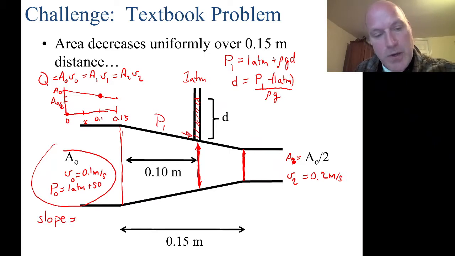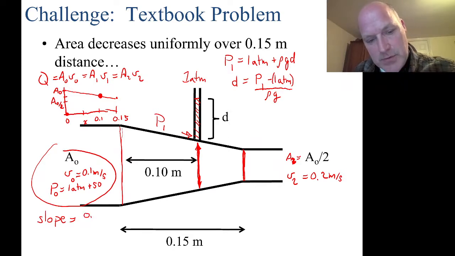Okay, the slope is going to be equal to what? Let me see. The slope is going to be equal to A naught over 2 minus A naught over 0.15 minus 0. Okay, it's like 9th grade math.